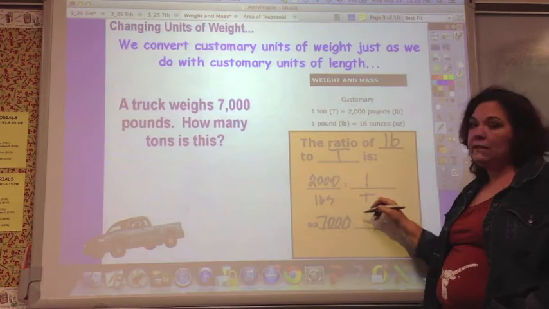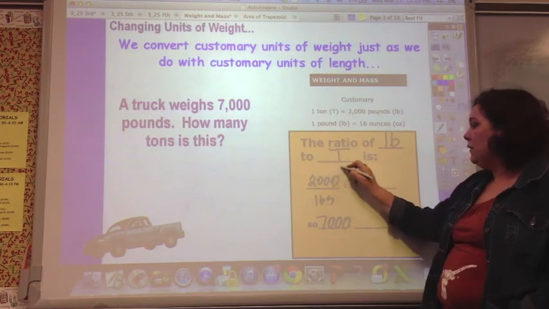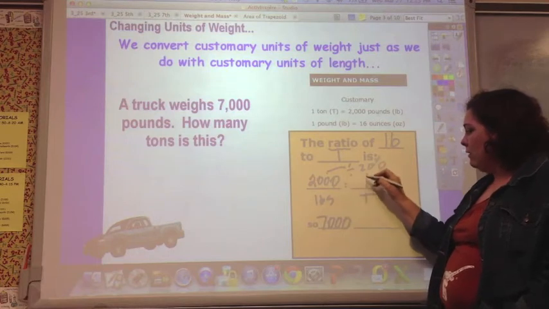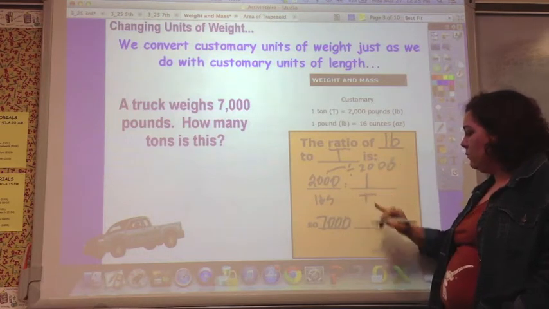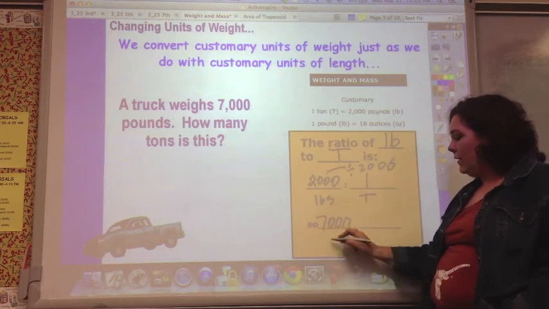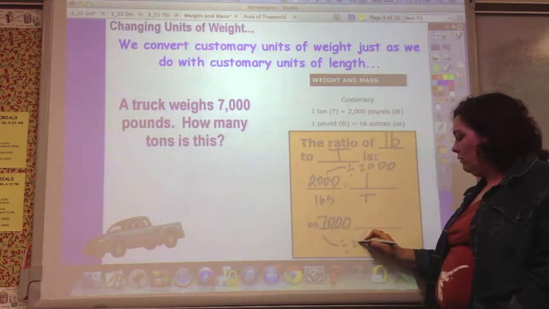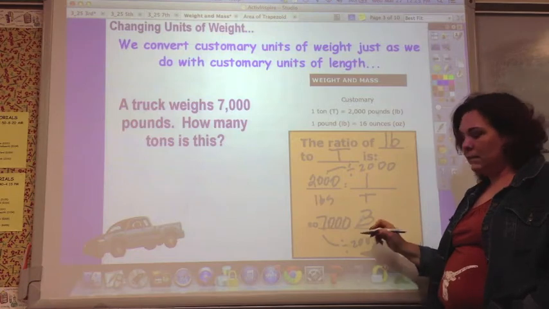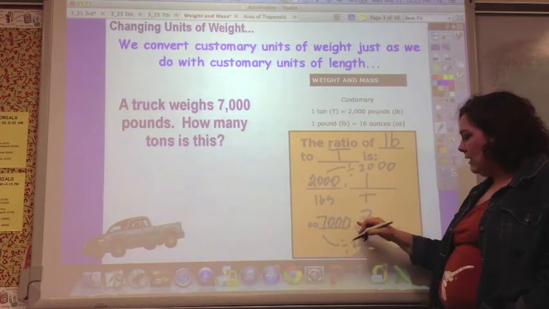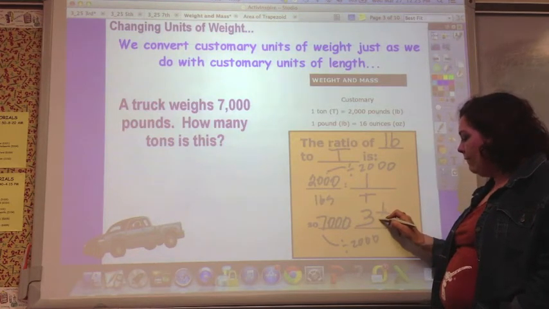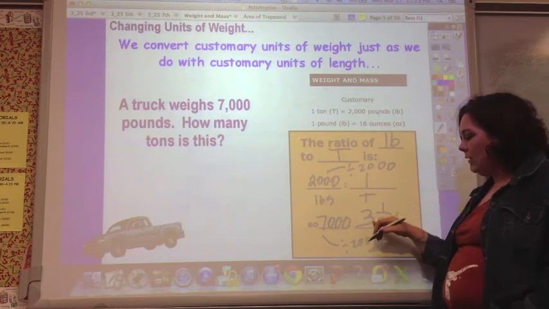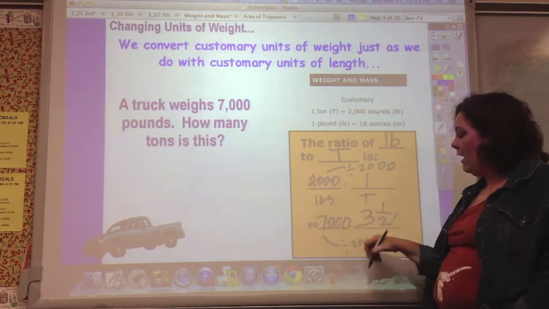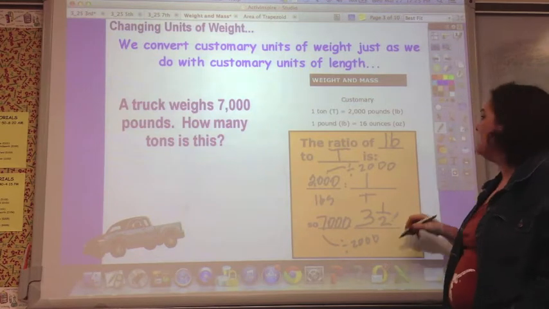To do this, I have to divide by 2,000. 7,000 divided by 2,000 is 3, with 6,000 used and 1/2 left over. So it's 3.5 tons. A lot of pounds gets very few tons.